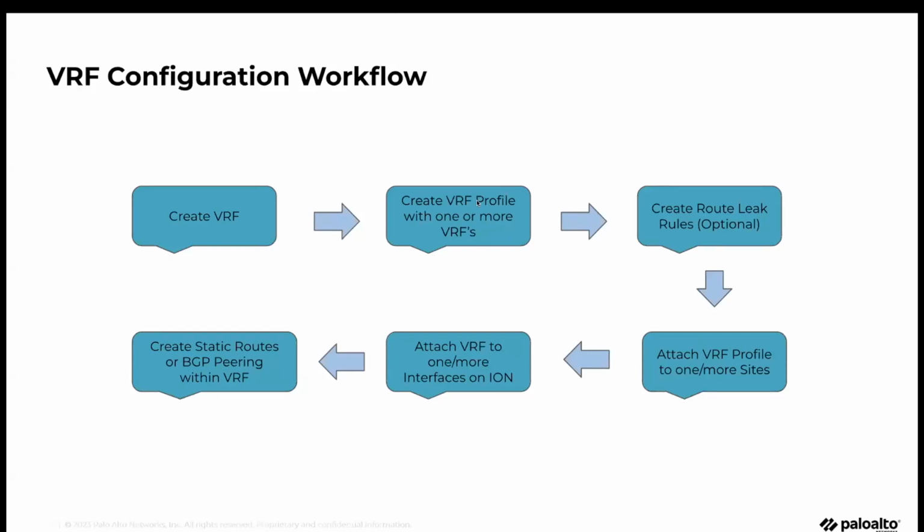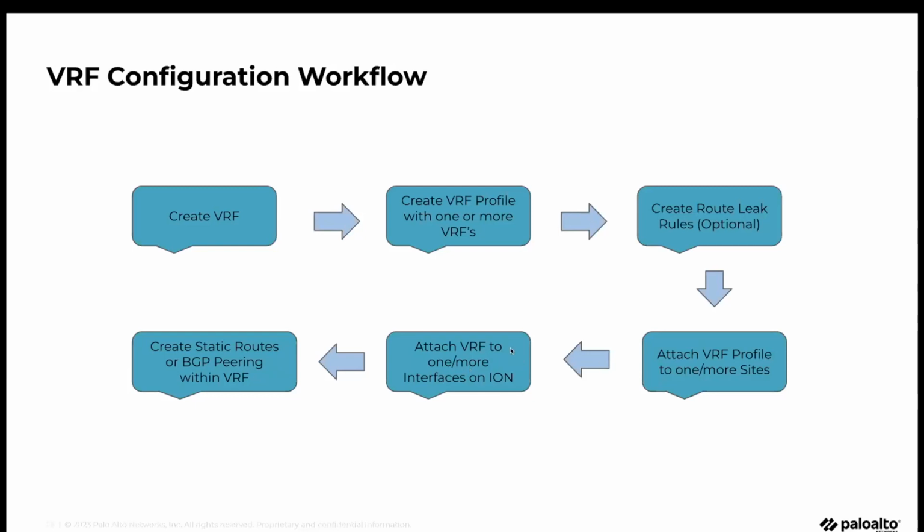So you define a profile with one or more VRFs, and then you can create route leak rules. Again, this is optional. If you want to say that I want to import this particular subnet from VRF red to VRF blue, you can define a rule for that, and the system will automatically import and export the routes. Then you would attach the VRF profile to one or more sites. So like I said before, you might have one profile that is applicable to 10 branch sites. You apply that profile to those 10 branch sites.